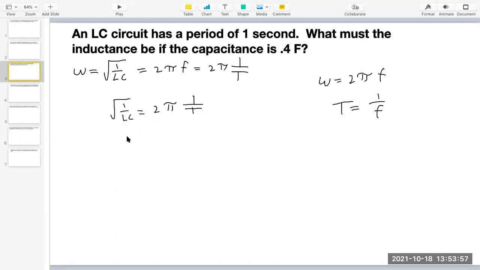So squaring both sides. And we want the inductance, so we need to isolate for that.